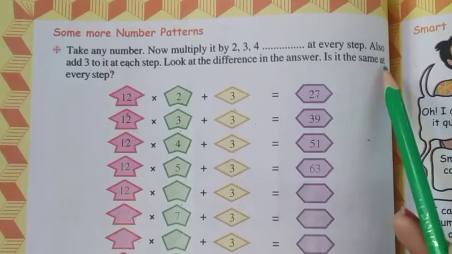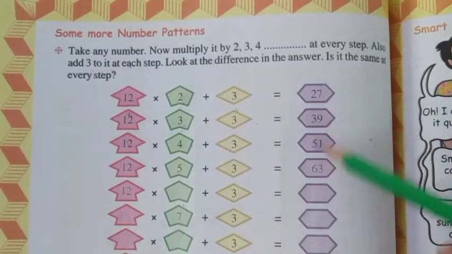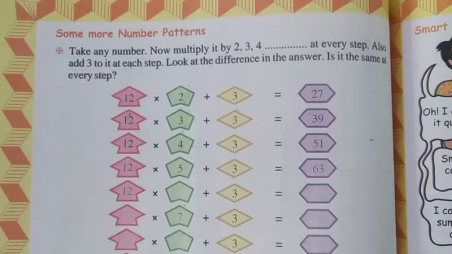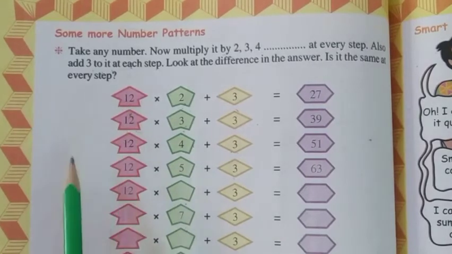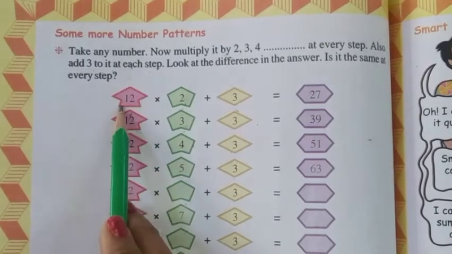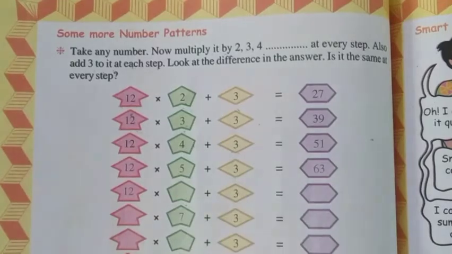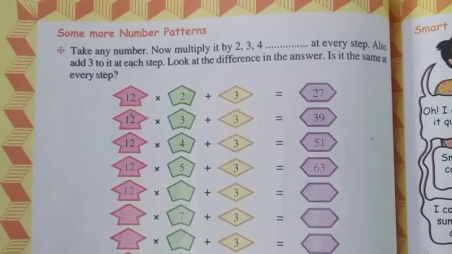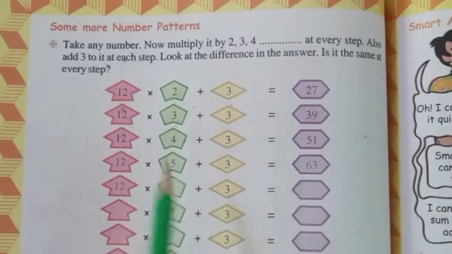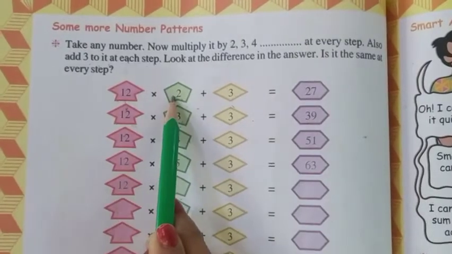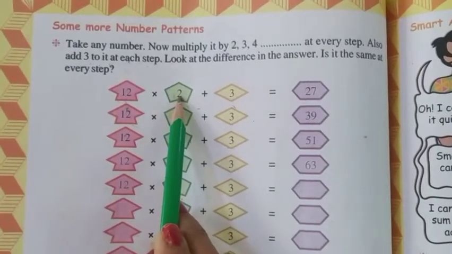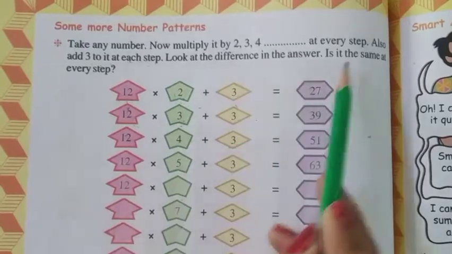And is it the same at every step? Check the answer. Let us see. Here they took 12, a number. Then multiply this number by 2, 3, 4, 5. Here 12 2s are 24. Then plus 3 because they are asked here.